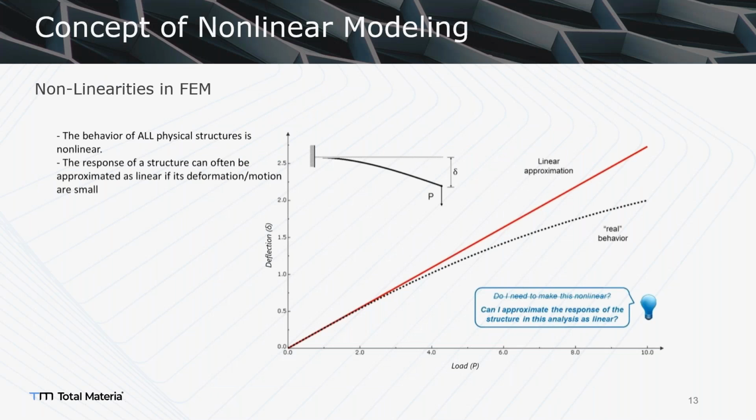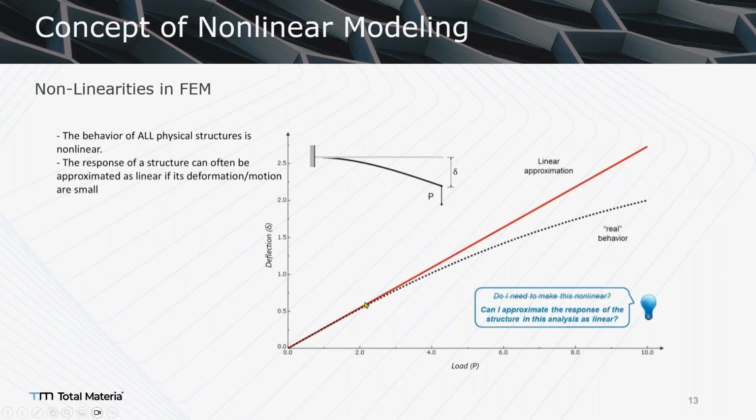So what we have here is a concept of nonlinear modeling. As you can see, we have a beam here, and we have a load here. We already know that this deflection will be a nonlinear behavior at the end if we have an over deformation here.